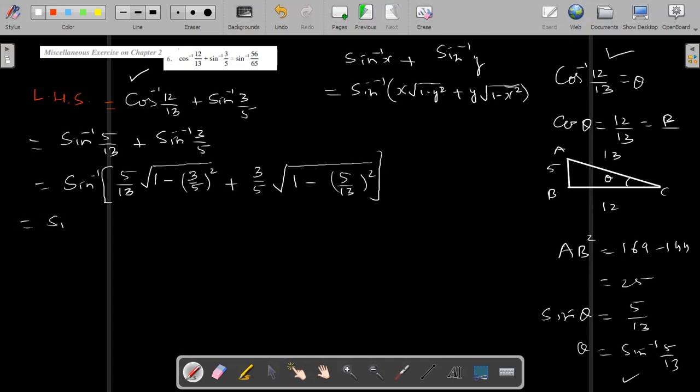So we get sine inverse. Now solve this one. We get 5 by 13 and 5 square is 25.